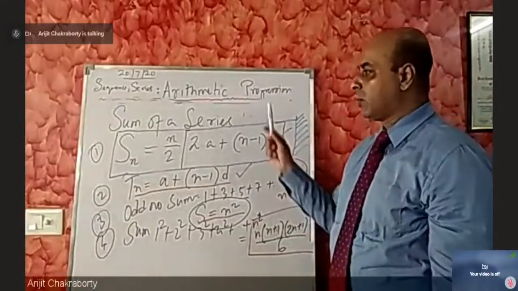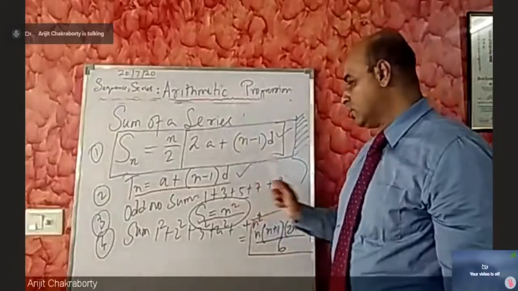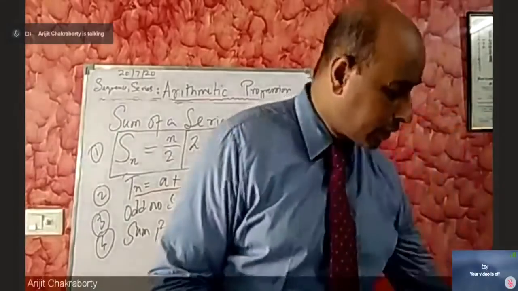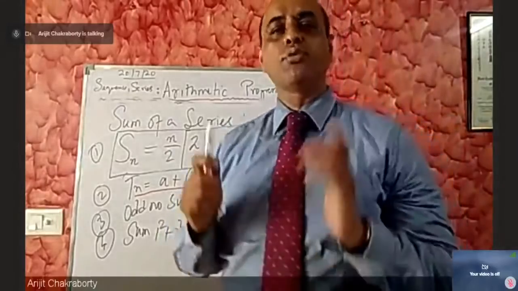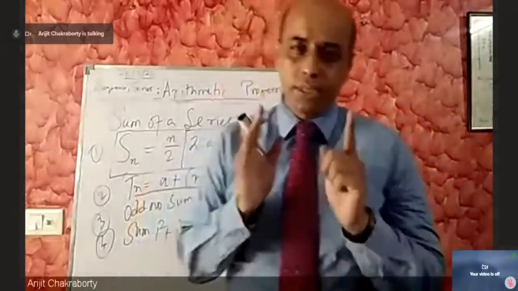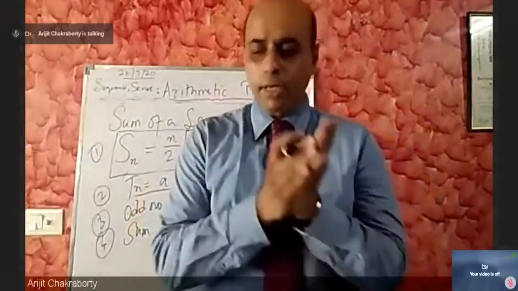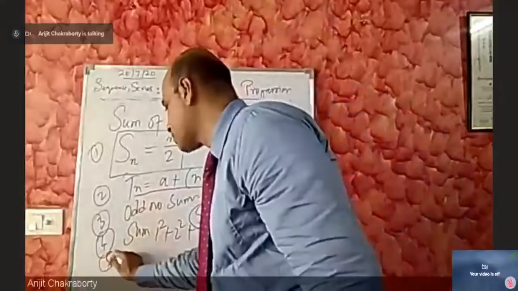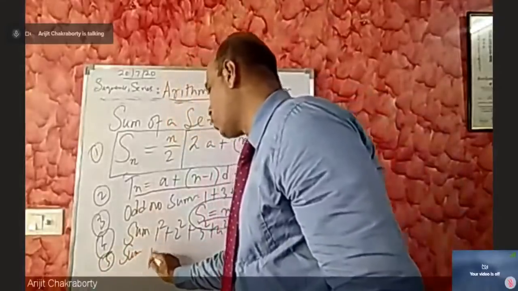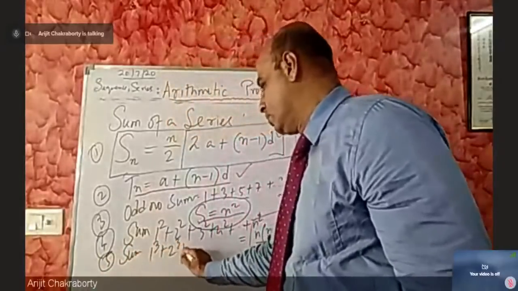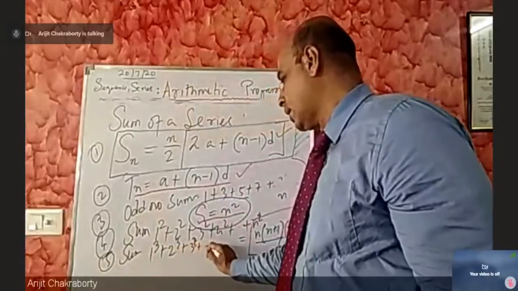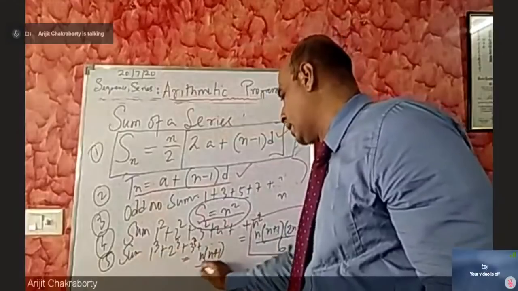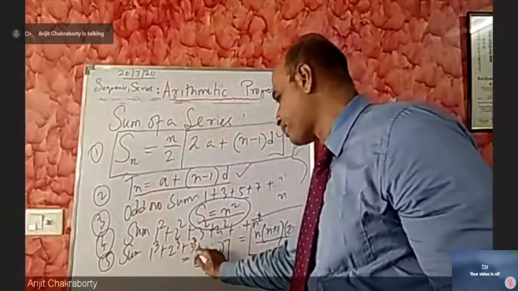Okay, so formula number 1, formula 2, formula 3, formula 4, and now the fifth formula: the sum of the series 1 cube plus 2 cube plus 3 cube and so on, the first n terms, will be n into n plus 1 by 2 whole square.